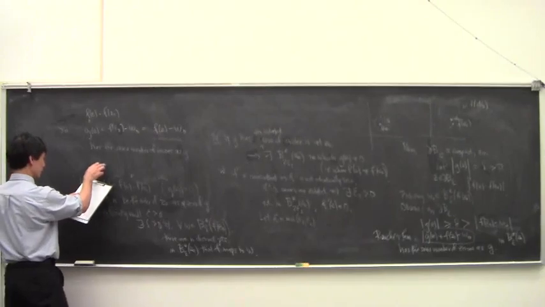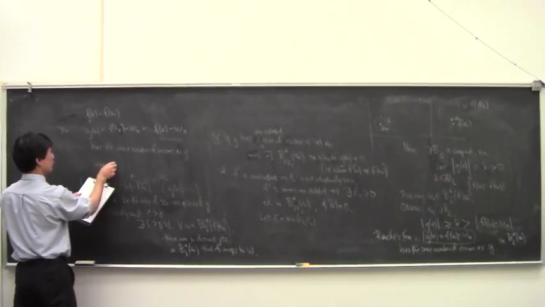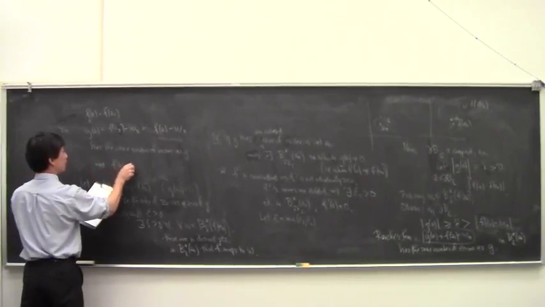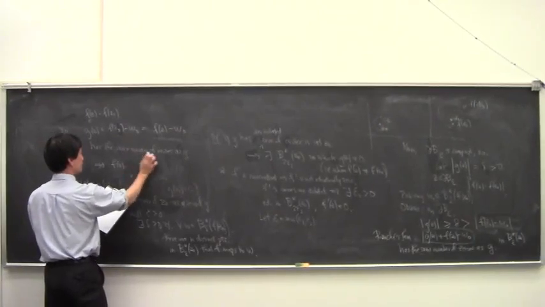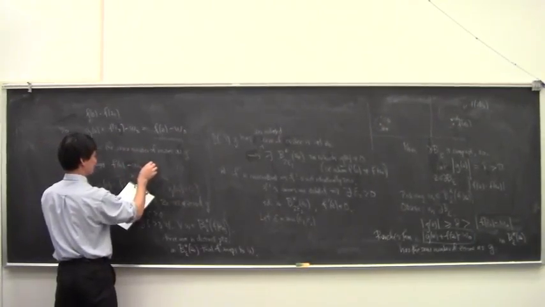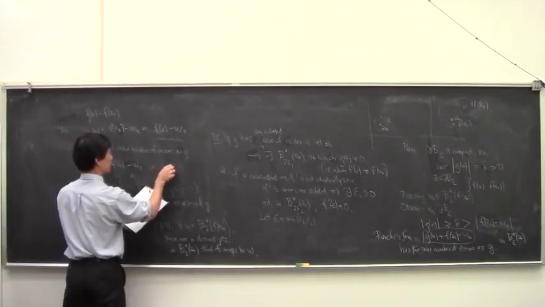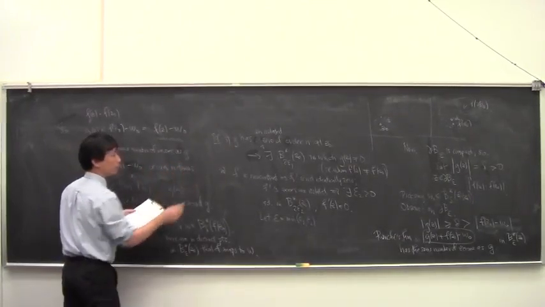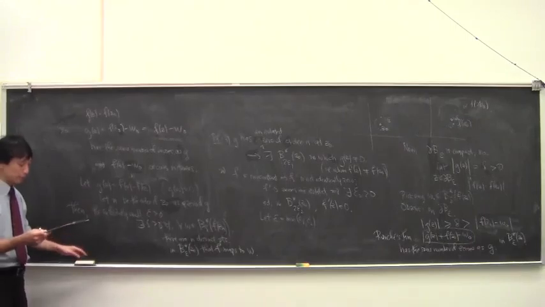Okay. So f of z equals w naught occurs n times with multiplicity counted.